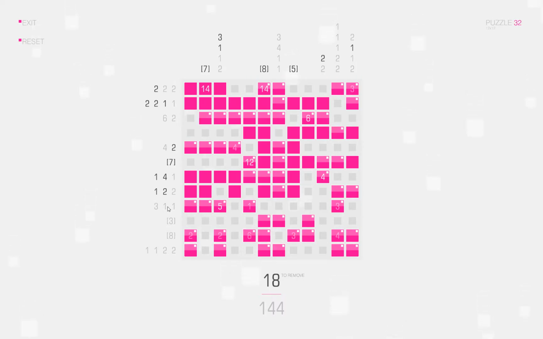Now we have this. What else? 1, 2, 3, 4, 5, 6, 7. In this column we actually only have 7 left. We mark those. 1, 2, 3, 4, 5. We have our 5, so we separate it from everything else.